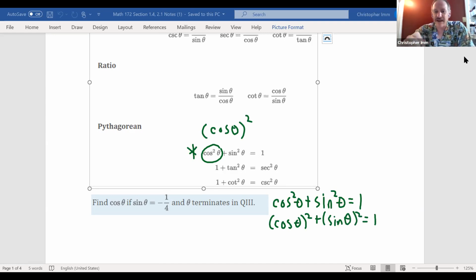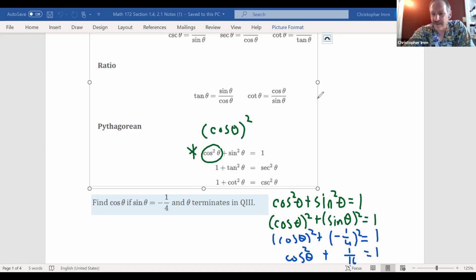So now I put in my value for sine, and my sine is -1/4 squared. And I square that, that's going to be 1/16. So cosine squared plus 1/16 is 1.